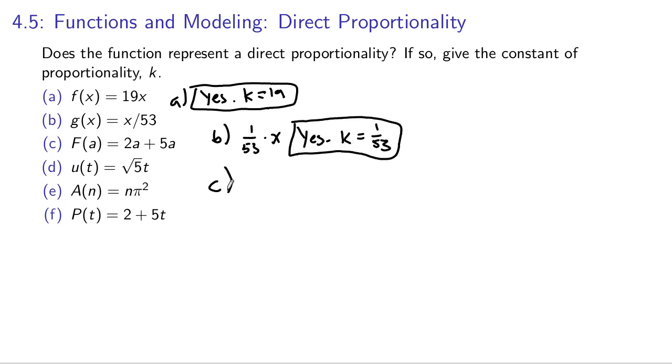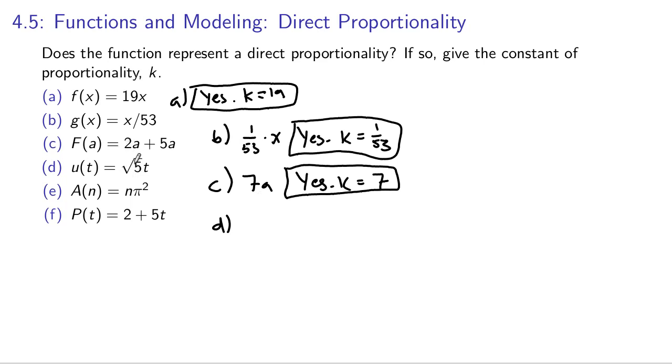C. F of a is 2a plus 5a. Well, 2a plus 5a equals 7a, which is yes. The k is 7. So sometimes we'll have to simplify what we've done in order to get the answer. D. U of t is square root of 5t. Well, here again, the square root's not going over the t, so it's just a plain old t.